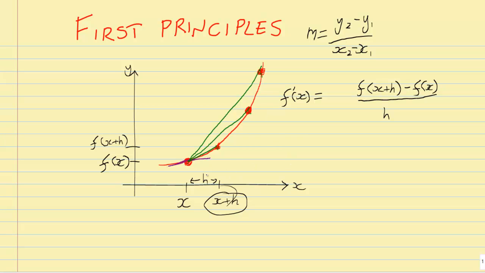But the problem we're still left with is that the smaller this h value gets, the better it's going to be. But think about what's going to happen if h gets really, really small, say 0.001. First of all, f of x plus 0.001 is not that much different to just f of x.